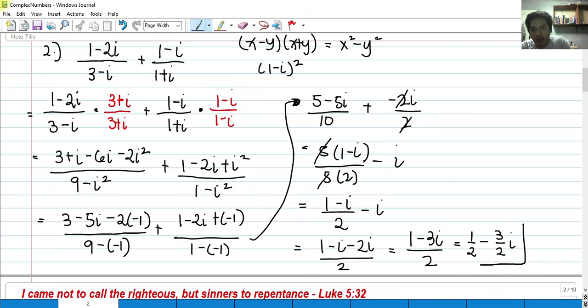And this is our answer for this problem. So first, if we have a denominator that contains i, we should first multiply it by its conjugate before we solve the certain operation in complex numbers. So this is the answer for our problem number 2.